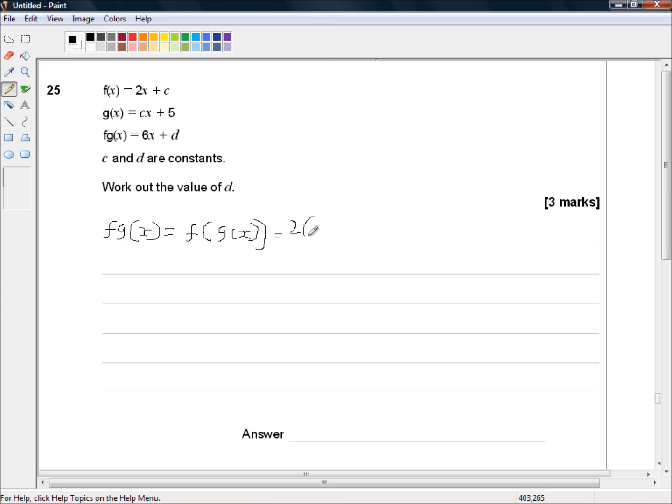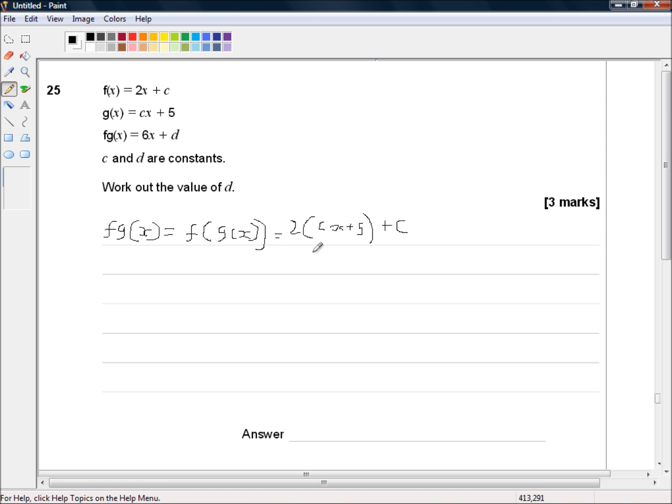So that's 2 into cx plus 5, which is our g of x, plus c, because f of x is 2x plus c. So we just add c to the end of that. And that's done.